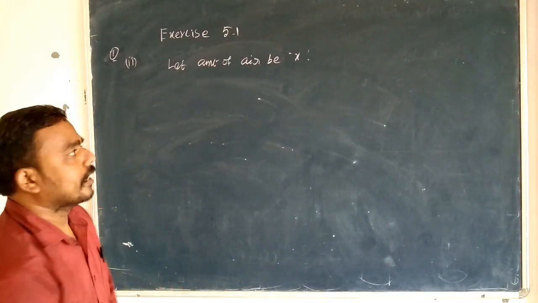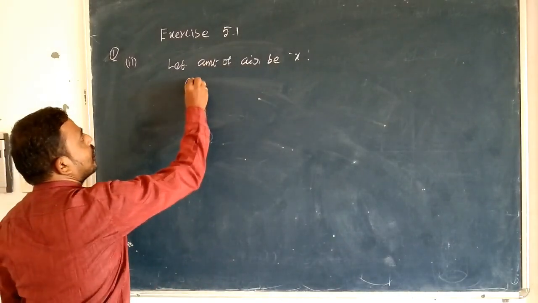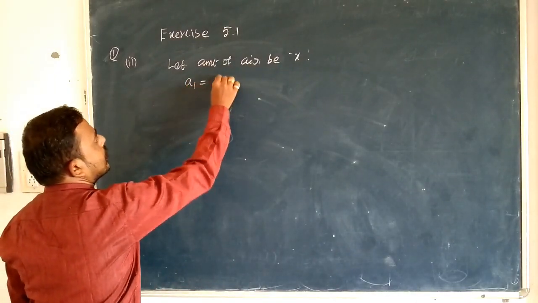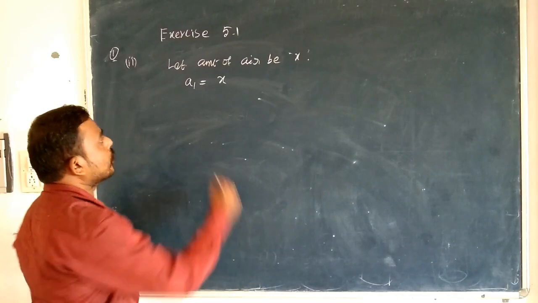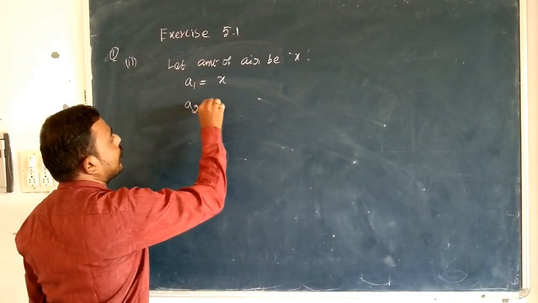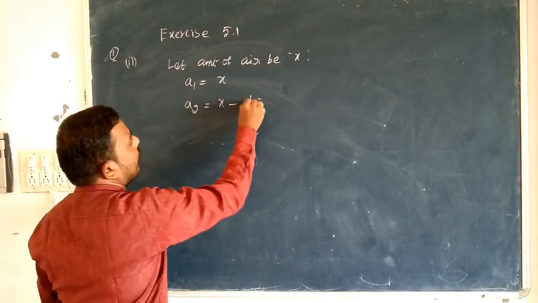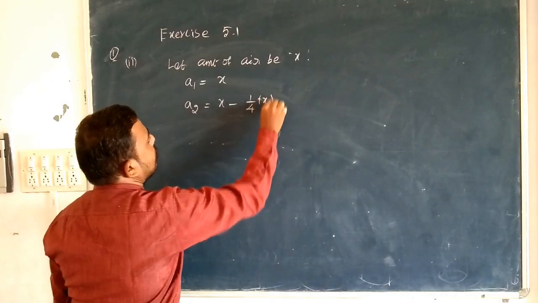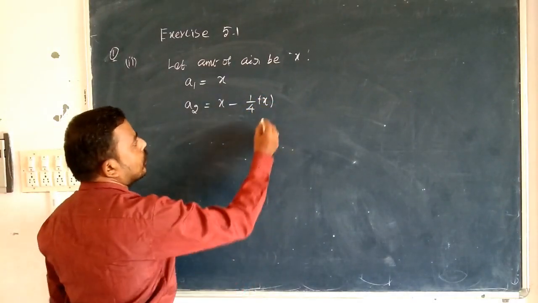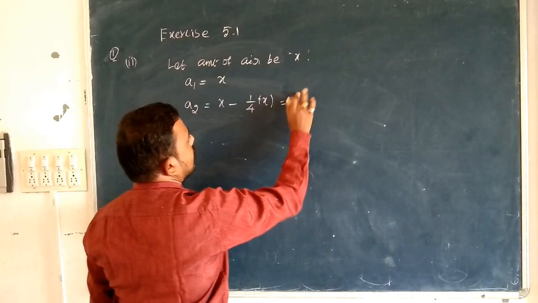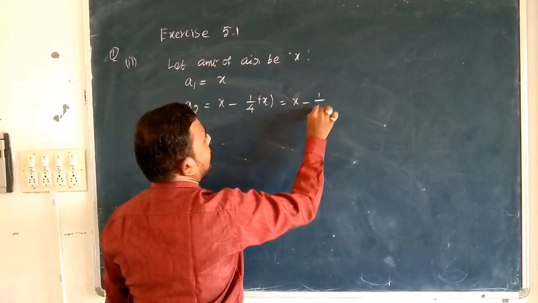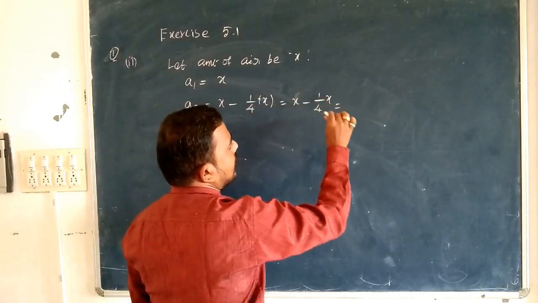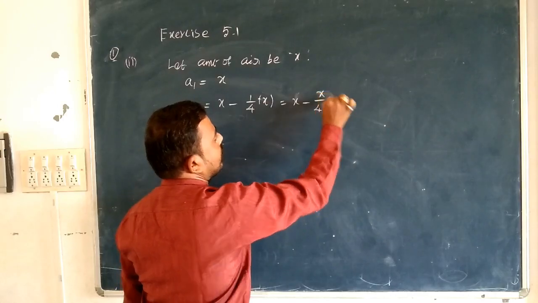So let A1 equal x. A2 equals x minus 1/4 of x. So 1/4 of x means x minus x by 4.